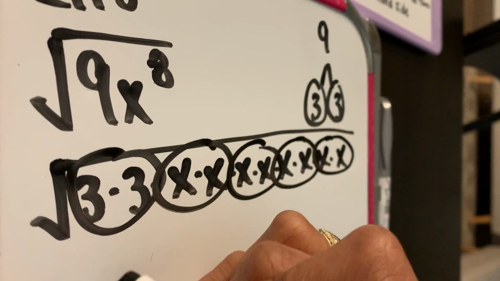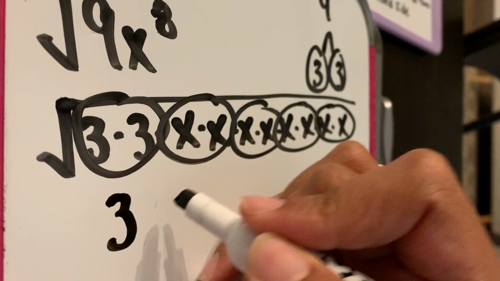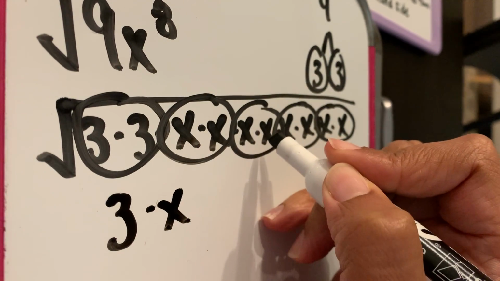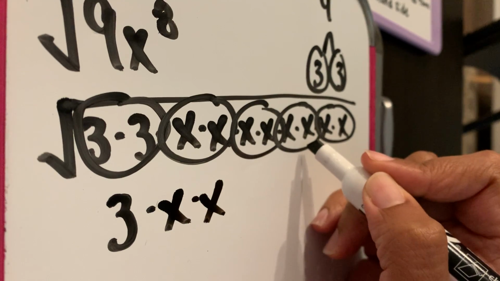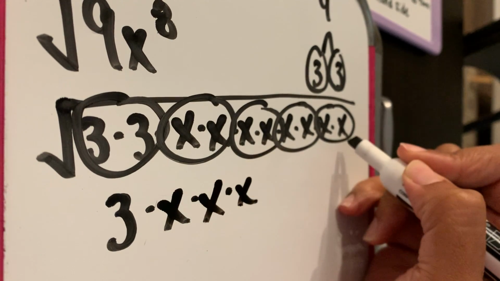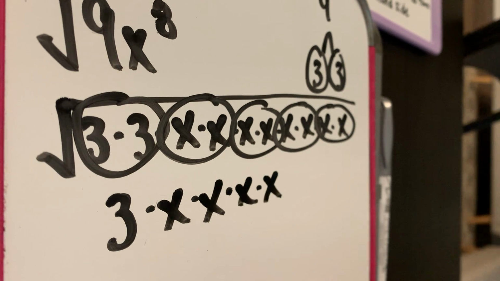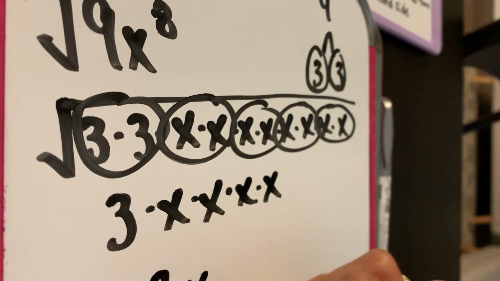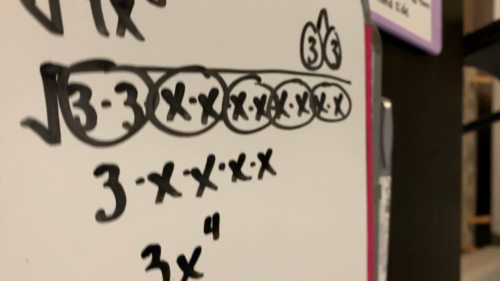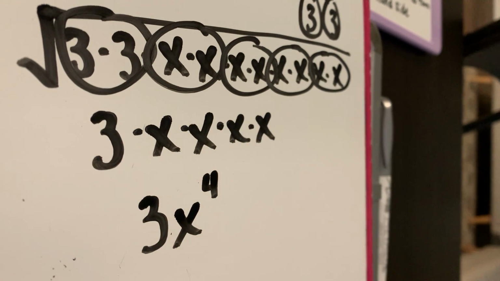For this group, I can bring down 1, 3. For each of the groups of x, I can bring down 1x. It's one number or variable per group. When I multiply these back together, I will get 3 times x to the 4th power, because I have 4 x's multiplied.